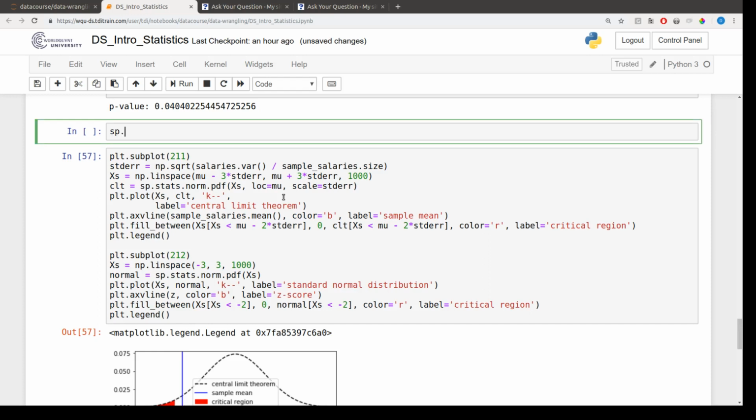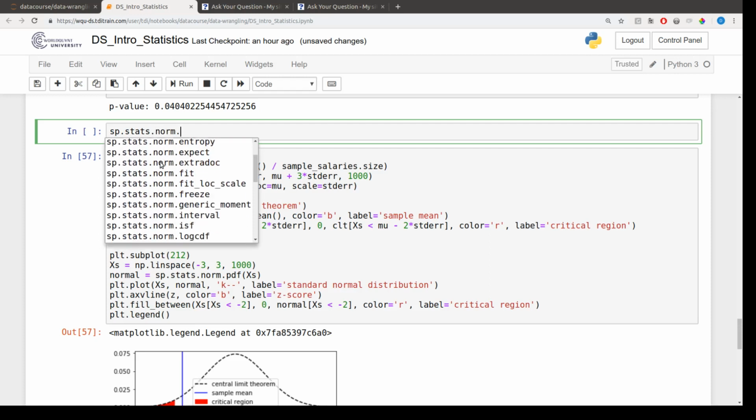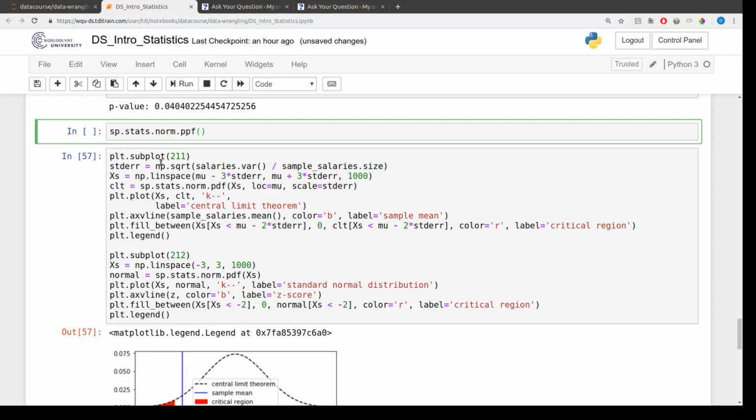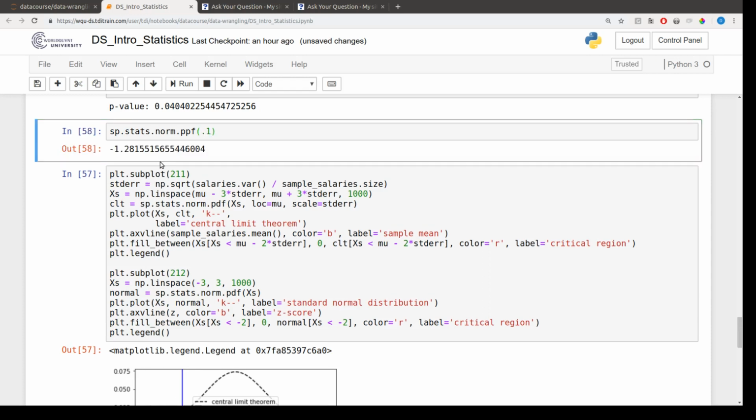So let's see, SP stats norm, and here I want PPF 0.1, so I need 1.28.